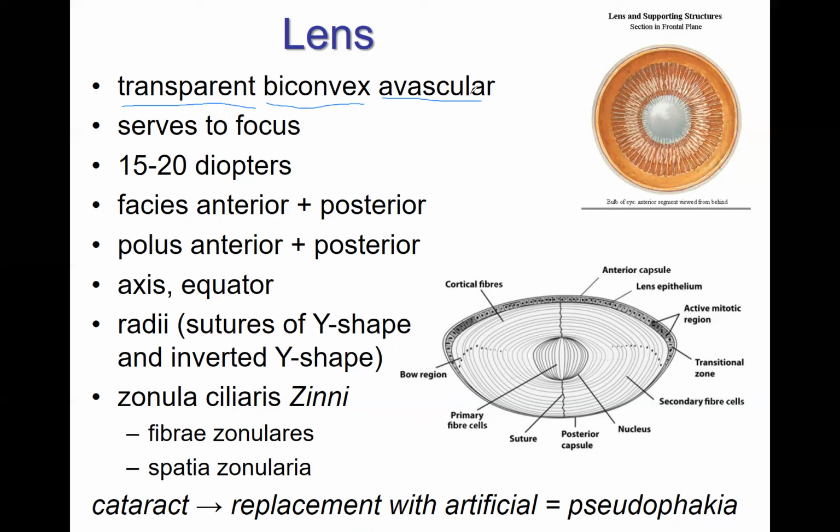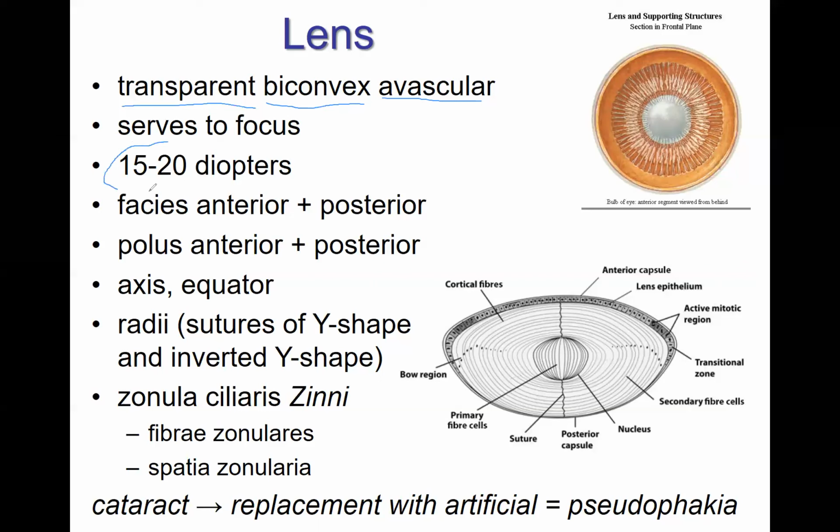So it's again fed by diffusion from the aqueous humor. The function is obvious. When it flattens, you focus on a distant object. If it's enlarged, then you focus on a near object.